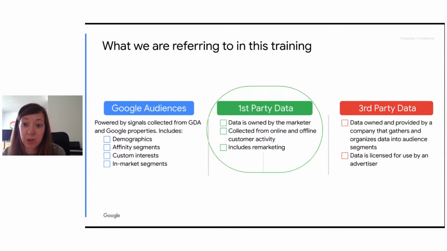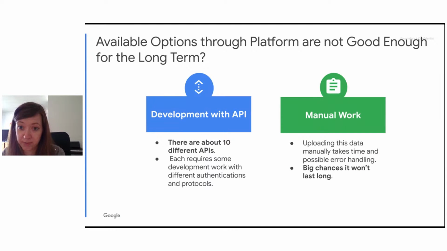Today, we want to take a closer look at integrating first-party data that is owned by the marketer, collected from online and offline customer activity. And while our products provide a great opportunity to integrate all kinds of first-party data, as a partner or agency or big client that integrates these data at large scale and over the long term, the available options might perhaps not be good enough.